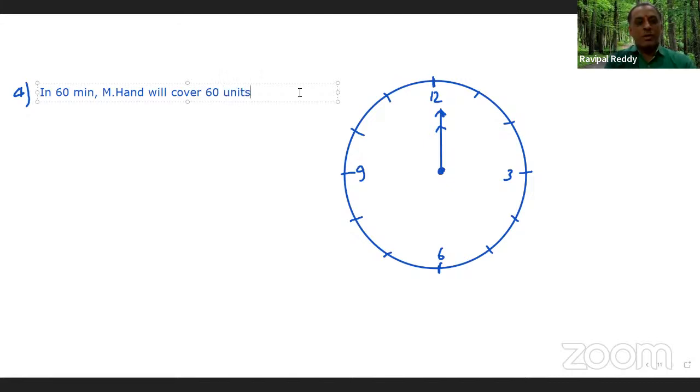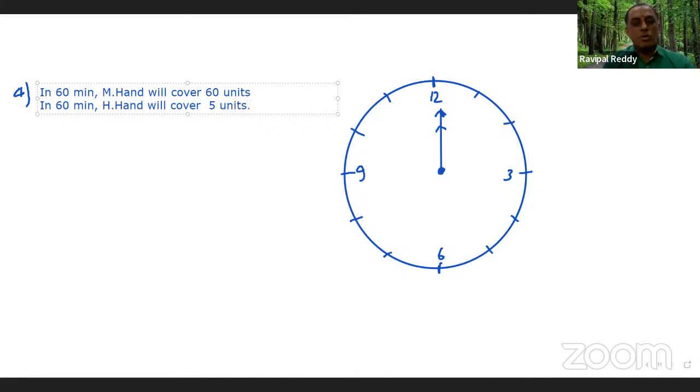And in the same 60 minutes, the hours hand will reach from 12 to 1 only. Therefore, the hours hand will cover 5 units only.